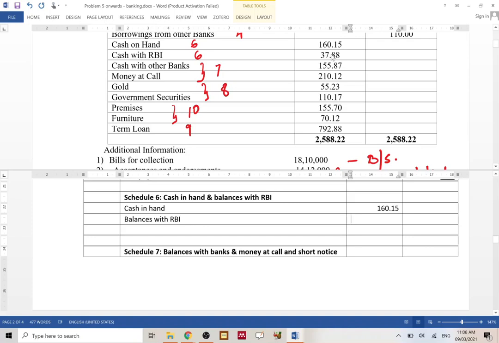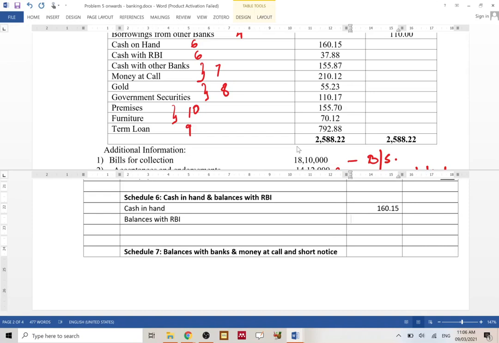Now, before we transfer this amount, we also need to consider the cash reserve ratio we are going to calculate later. We will do that a little later. For now, we keep this amount on hold because cash with RBI means nothing but the cash reserve, right?